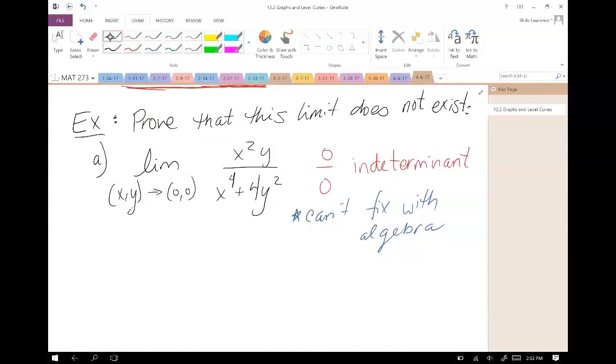So we're going to pick a path in the xy plane that goes through the point (0, 0). And by path, I just mean an equation. y equals x goes through the point (0, 0). You could either replace all the y's with x's or you could replace all the x's with y's. It's up to you.